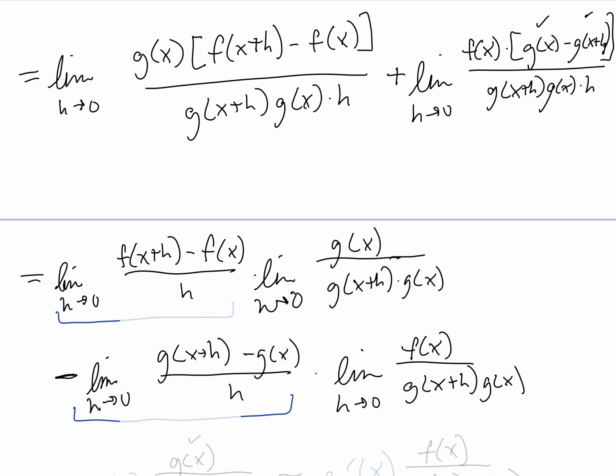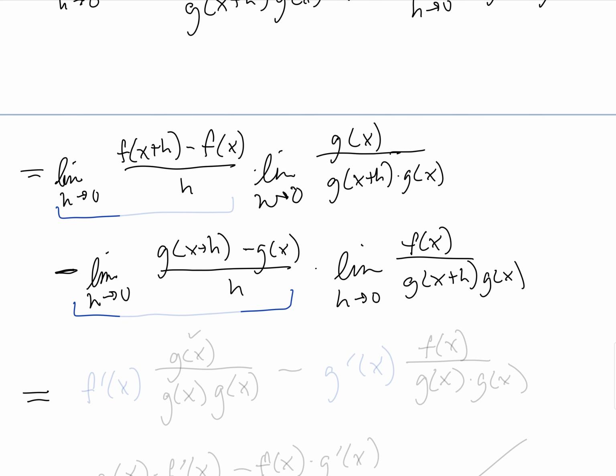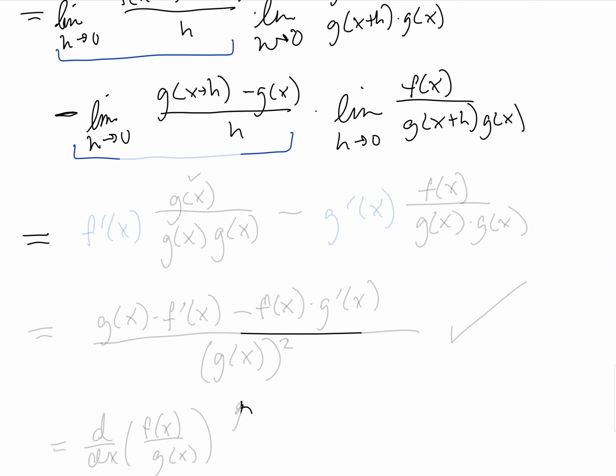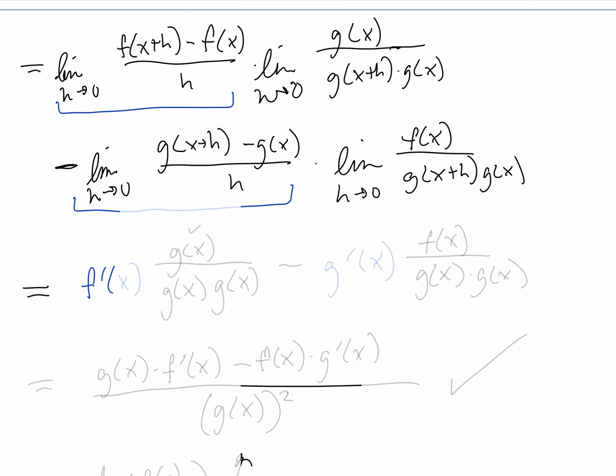This is equal to, as we saw above, just the definition of f prime of x. So that's f prime of x, the derivative of f. And then we've got the limit as h goes to 0 of g of x, well, g of x does not change as h goes to 0, divided by g of x plus h.